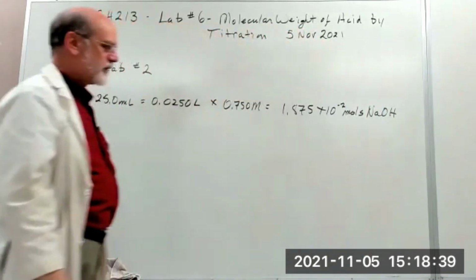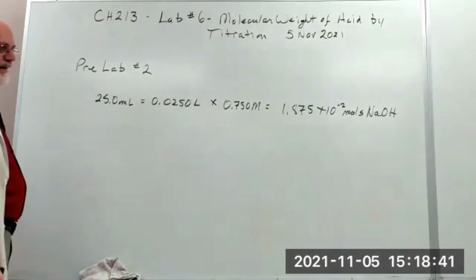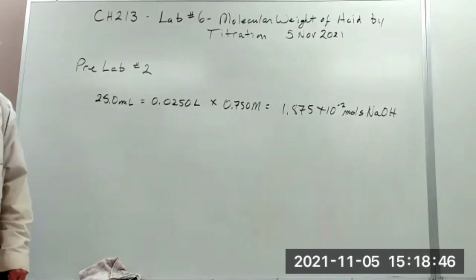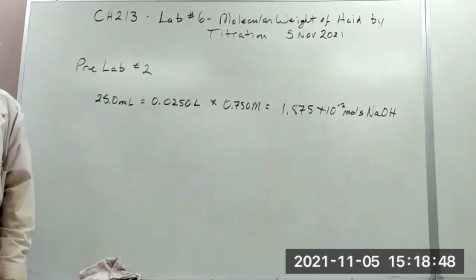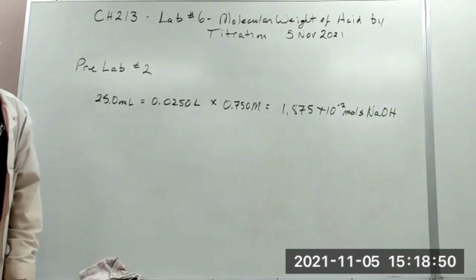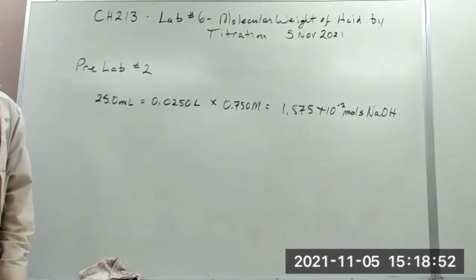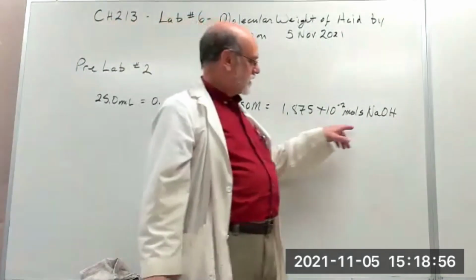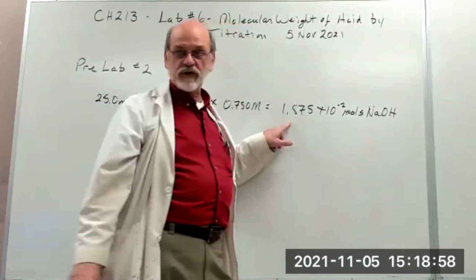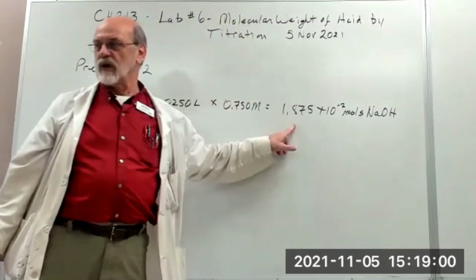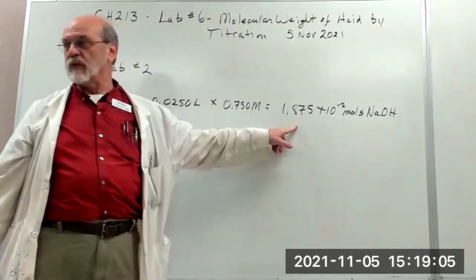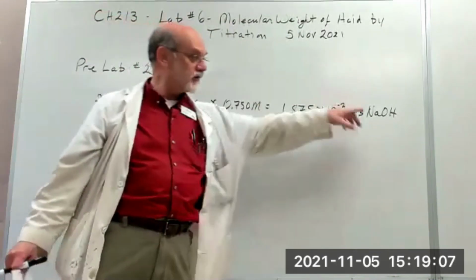So how many moles of citric acid does that represent? Right, the ratio is 3 to 1, right? So if we've got this many moles of sodium hydroxide, this actually is 3 times the moles of citric acid, because 1 mole of citric acid requires 3 of those.